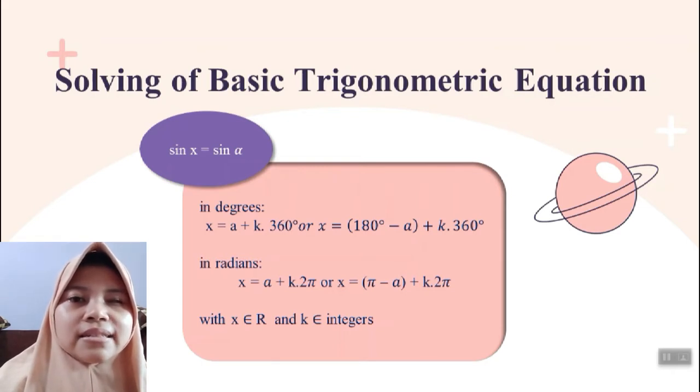In radians, x equal to alpha plus k multiplied by 2 pi, or x equal to (pi minus alpha) plus k multiplied by 2 pi, with x an element of the real numbers and k an element of the integers.